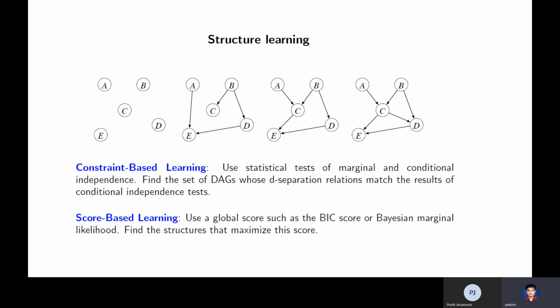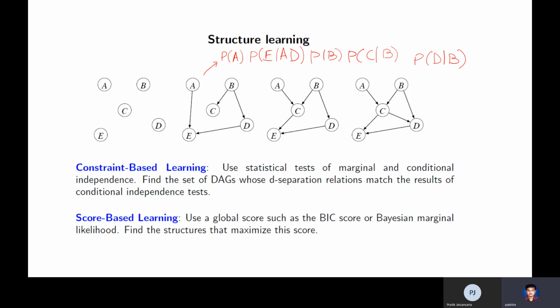You take, for example, this one here. This one gives you the following factorization: P(A) times P(E given A, D) times P(B) times P(C given B) times P(D given B).